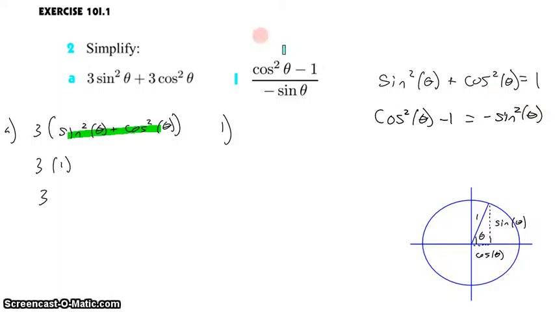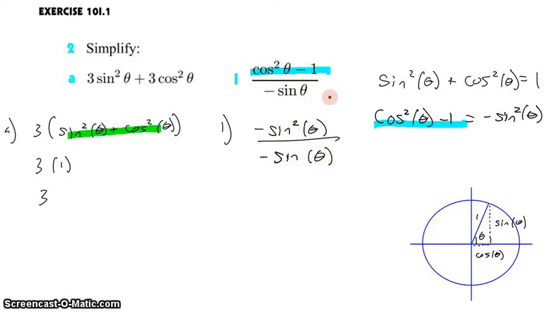Now I can say that cosine squared of theta take 1 is negative sine squared of theta. So that's negative sine squared of theta over negative sine of theta. Now I have sine on the top and the bottom, so I can cancel, kind of.